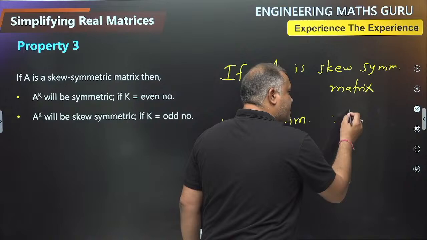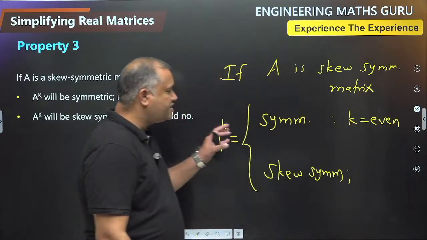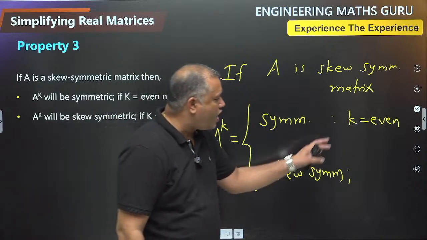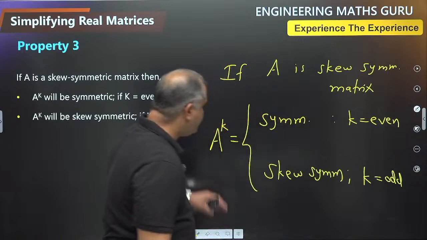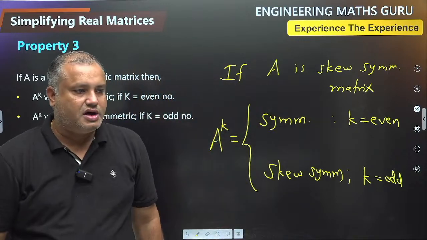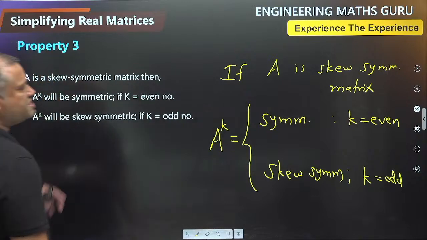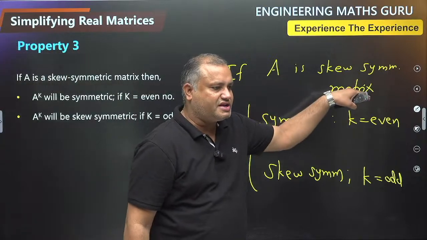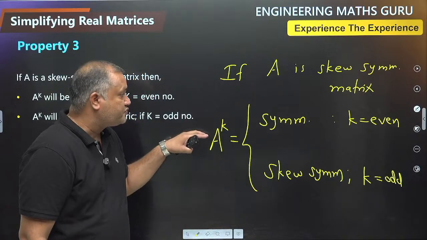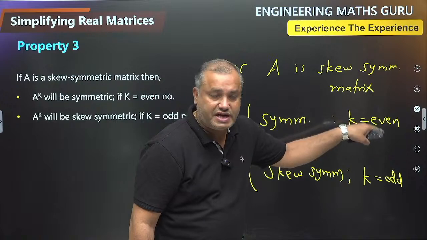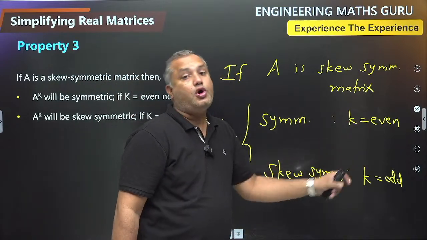Depending on K. If K is even, if K is an even number, then A raised to K is symmetric. If K is an odd number, then A raised to K will be skew symmetric. All fine? Can I have your response? Come on, fast. So if originally A is a skew symmetric matrix, then A raised to K will be symmetric if K is an even number, and A raised to K will be skew symmetric if K is an odd number.